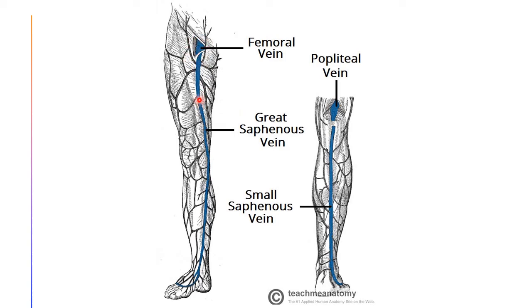On the other hand, if the upper segment above the tourniquet remains collapsed, and the veins start filling from below the tourniquet, then you know the problem with the veins is below the tourniquet.